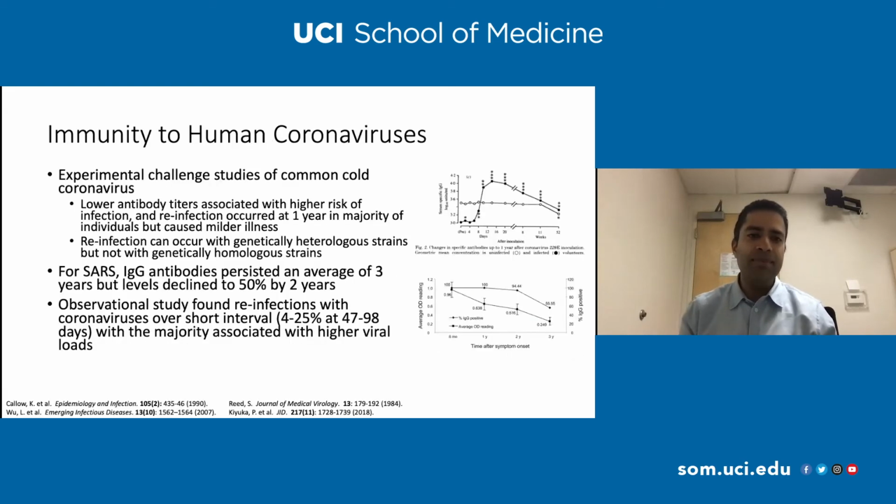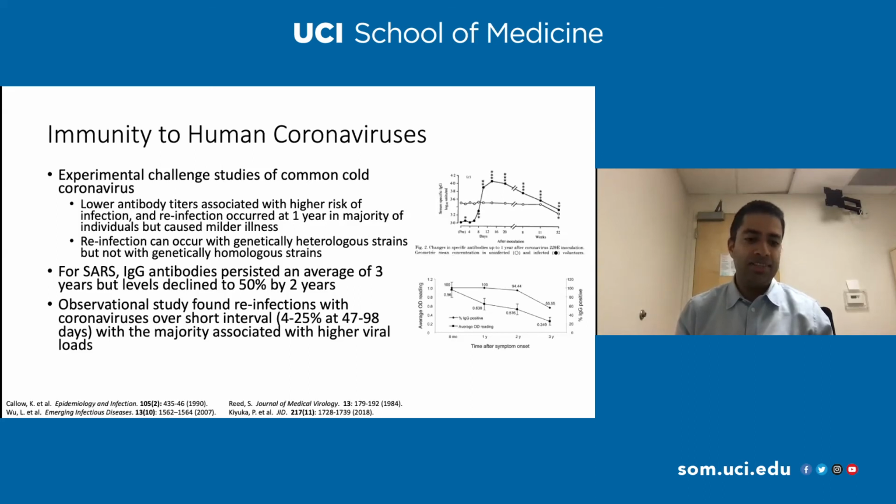So immunity to human coronaviruses, we know a little bit from studying other coronaviruses, but we don't really know if all of those lessons apply to this particular virus. So from studying other coronaviruses, we know that in general, if you have higher antibody titers to other coronaviruses, you probably have a lower risk of infection.